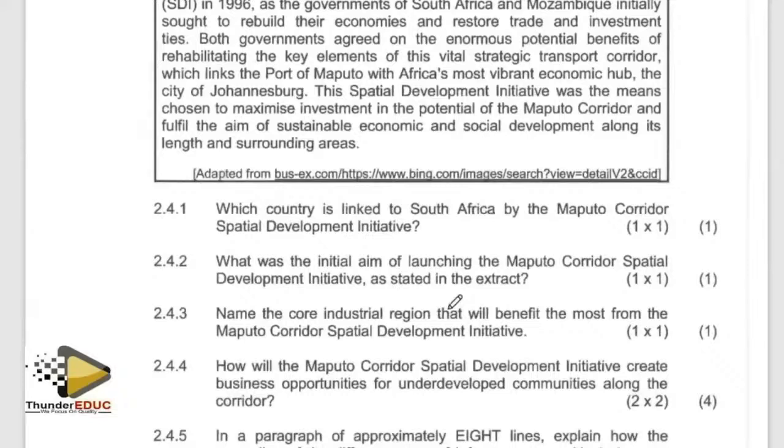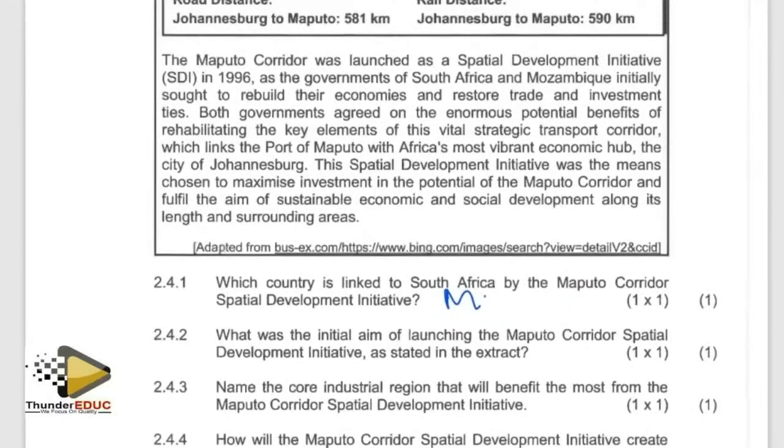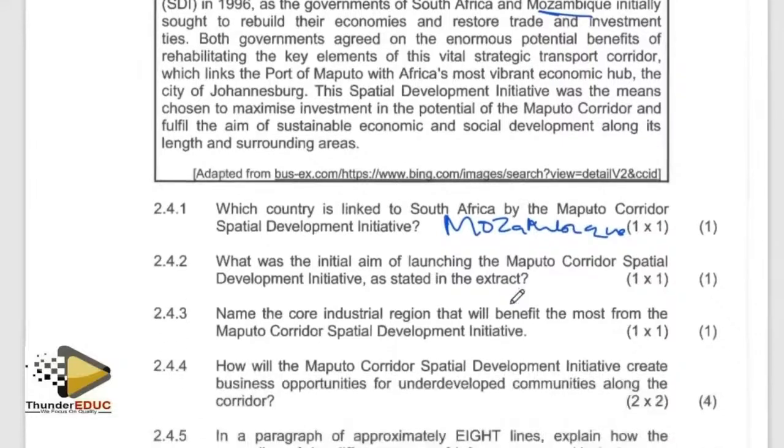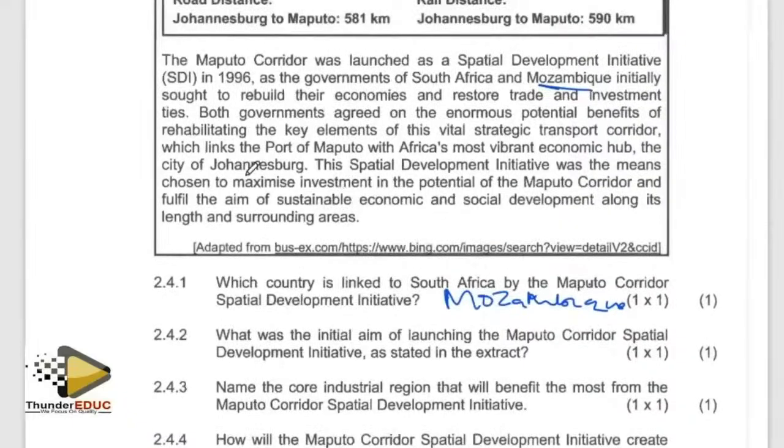First question: which country is linked to South Africa by the Maputo Corridor Spatial Development Initiative? Obviously, the answer is Mozambique. Next: what was the initial aim of launching the Maputo Corridor, as stated in the extract? I think it is to maximize investments.